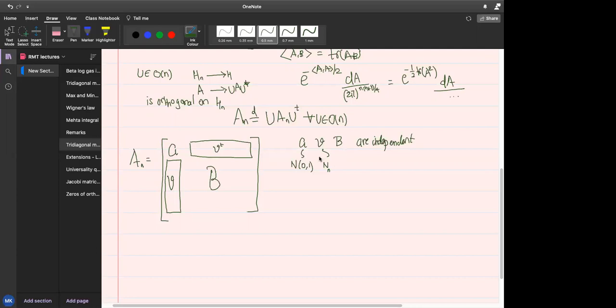Because in e to the minus trace A squared, the diagonal entries will come once and the off-diagonal entries will come twice. So the variance of that will be 1/2. It's a Gaussian vector in n-1 dimensions with variance 1/2. And B is just a GOE matrix of size n-1. So these three are independent.